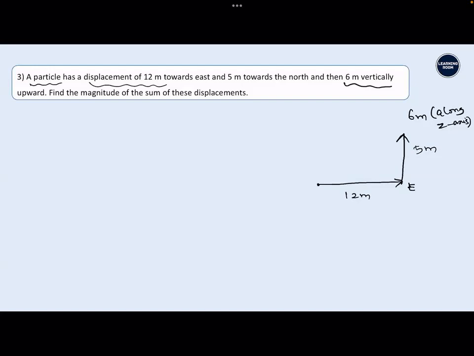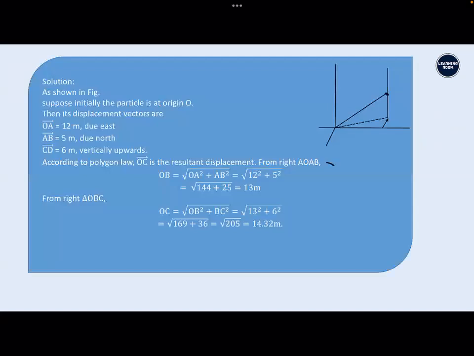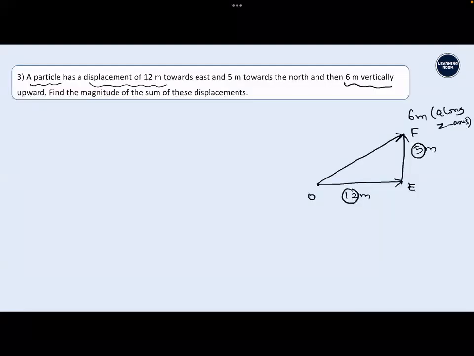If I take this as O, E, and F, and join these two, if this distance is 5 and this distance is 12, then how much will OF be?